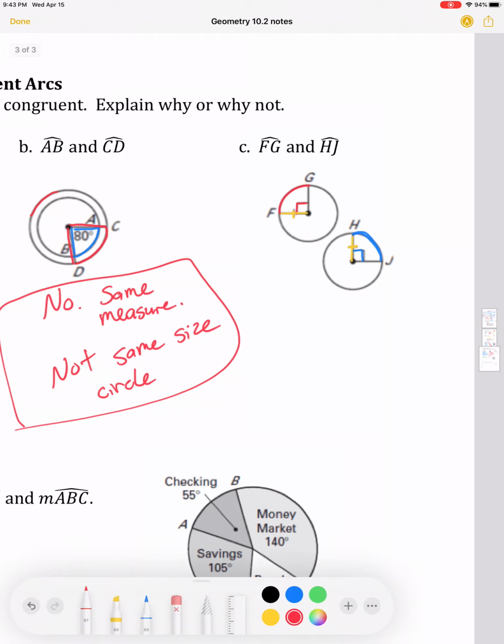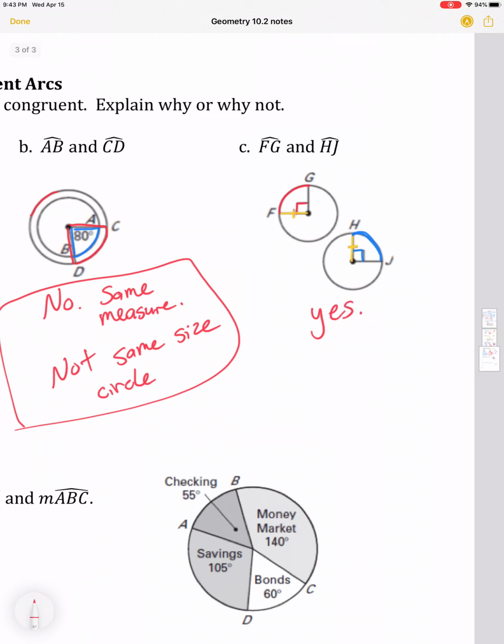So are the two arcs congruent? Yes. Same measure, which is 90 degrees. And then congruent circles, which means they're the same size.